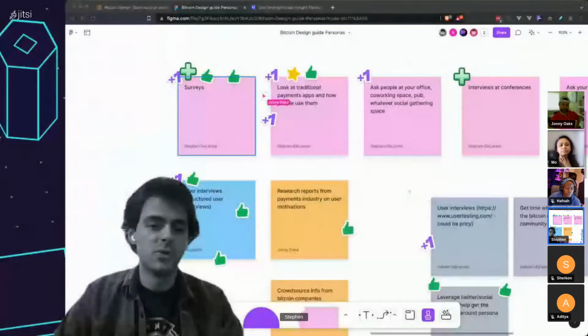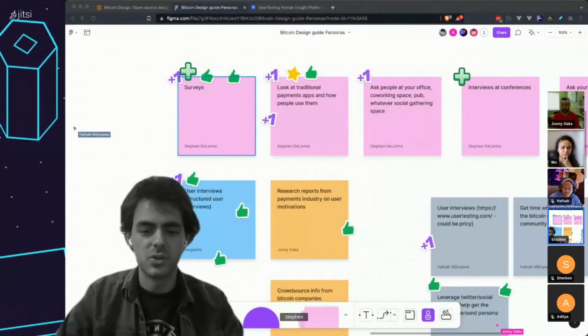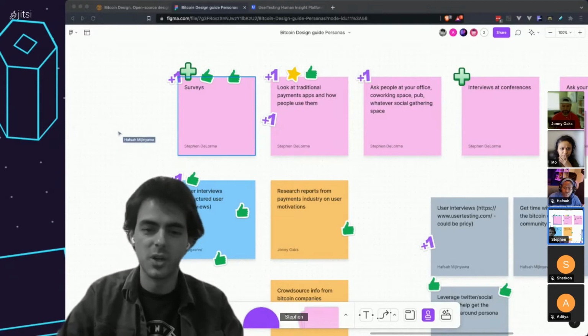We've got some nice ones here. So surveys definitely got a lot of votes. Conducting surveys, and I see Stephen, you suggested that one. Actually, somebody else suggested it, I was just writing it down. Maybe it was Johnny.